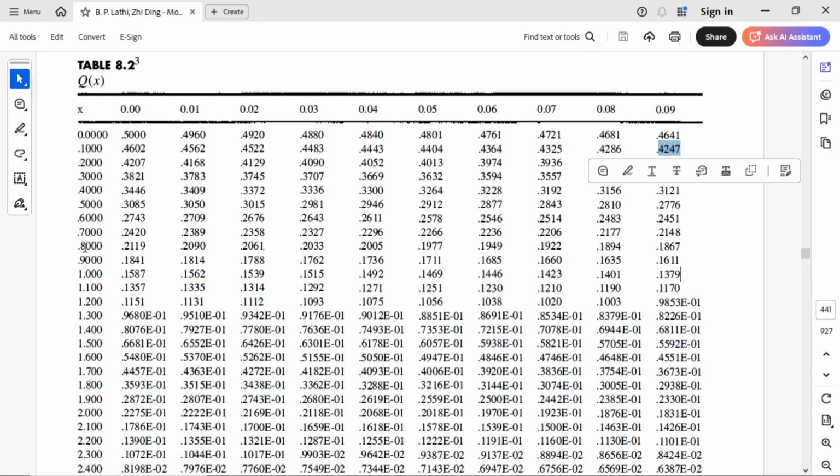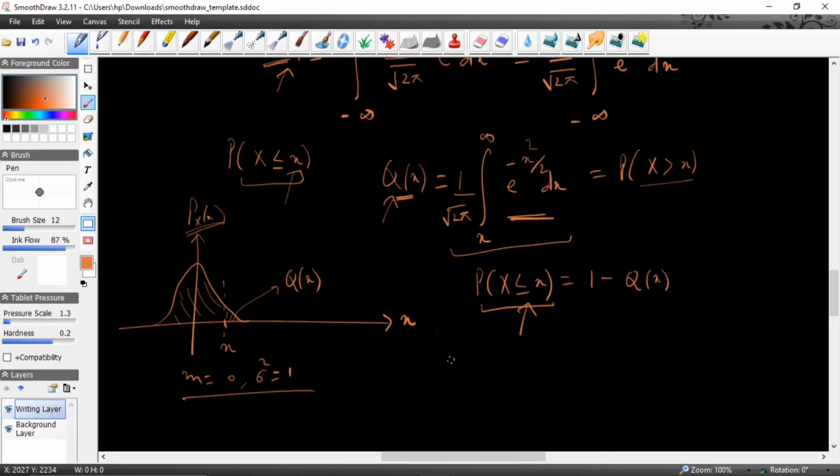Likewise, if I take 0.8 from the column and 0.05 from this point, you get 0.85. So at 0.85, Q of 0.85 will be the value given in the table, and so on. That is the table which is given in the books, because you cannot find this integral in closed form, so it is computed numerically to find the different values of the Q function.